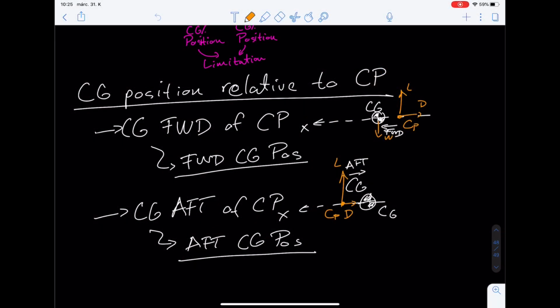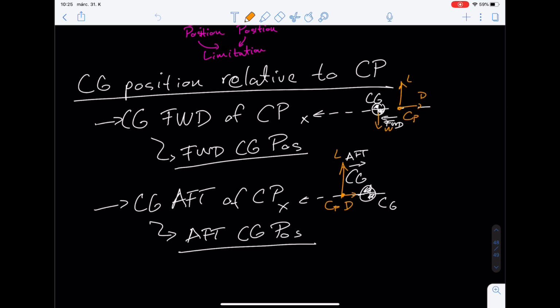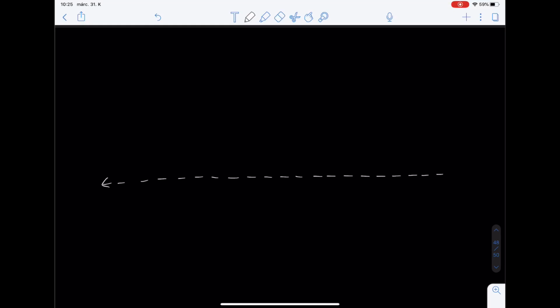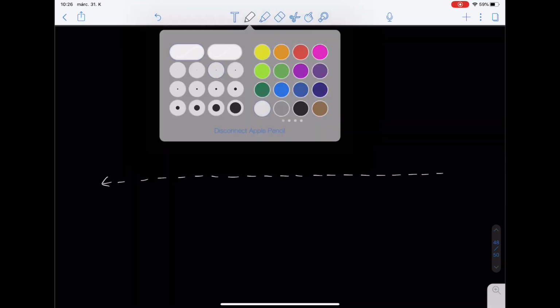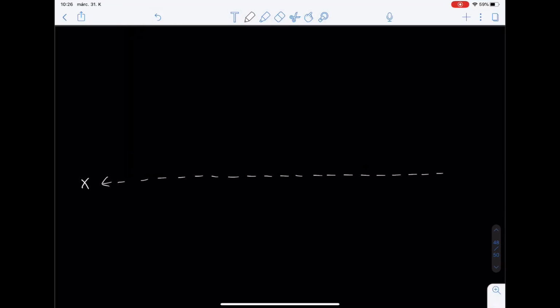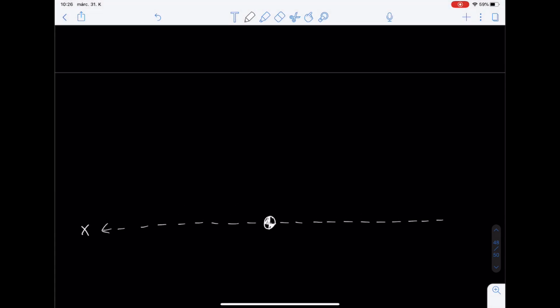Okay, so let's examine the situation of a forward CG position. So if the CG position is forward, that means that on the longitudinal axis of the aircraft, the center of gravity is going to be forward of the center of pressure.